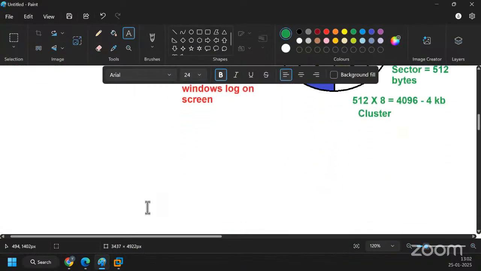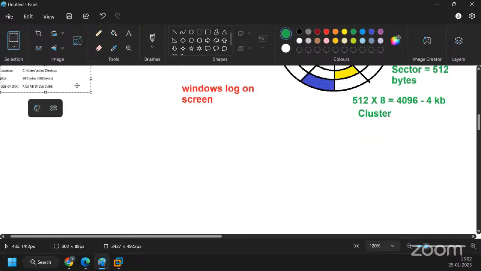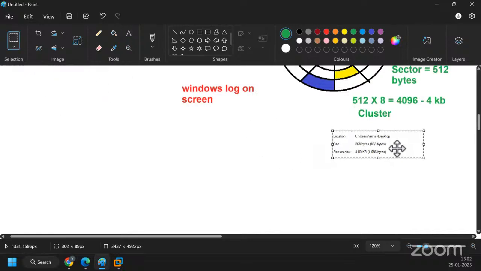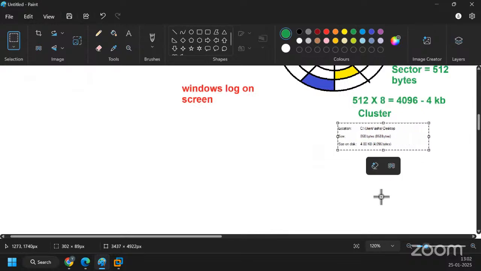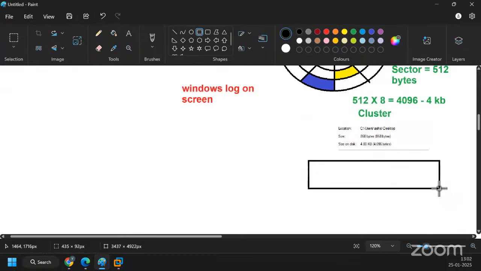in this particular scenario, guys, we have a threshold value over there. So it is showing us the total size as 4 KB, and the size of that particular file is nearly 1 KB.